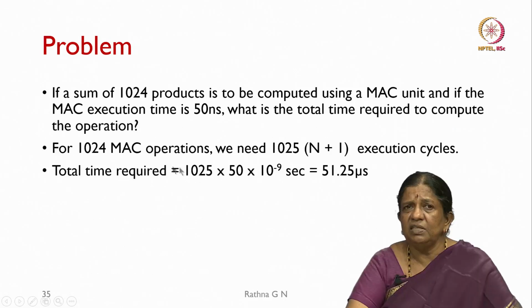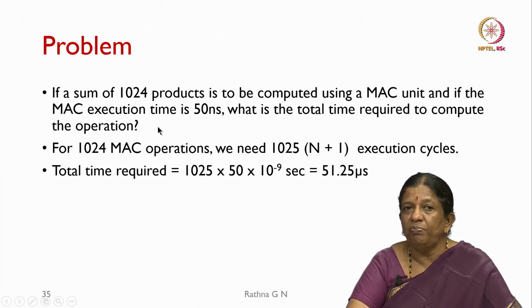So, just to see how each instruction is going to take, we will see what is the time required for a MAC operation. We say that if I want to compute 1024 products using a MAC unit, and the MAC execution time the hardware takes is given as 15 nanoseconds, we have to say what is the total time required.